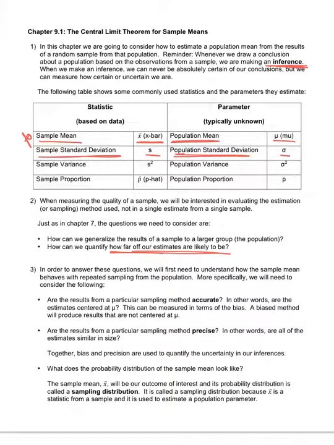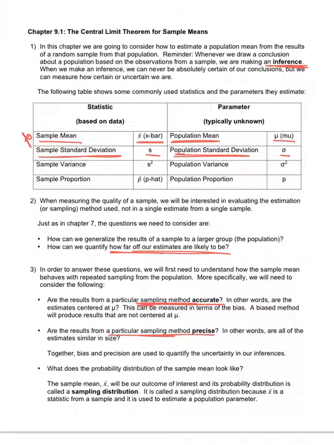So to answer these questions, we're going to have to understand the behavior of our statistic, our sampling distribution, and we will want to know, was our sampling method accurate? So that's talking about our center. And how precise was our sampling method?